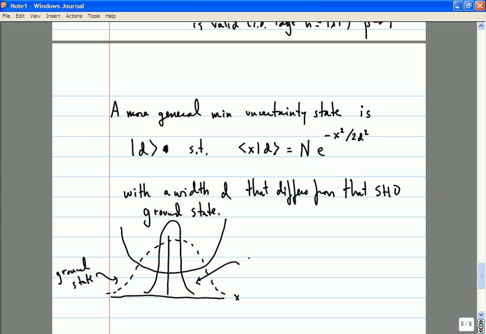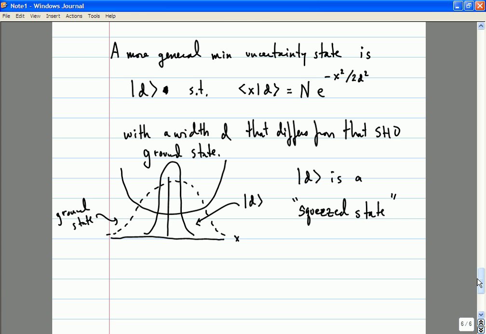And because of this picture here, you should think intuitively that what we're doing is we're taking the wave function and squeezing it, which is the origin of the name for this sort of state, namely that it's a squeezed state. How do we understand the description of these squeezed states in terms of our simple harmonic oscillator Fock space basis? Well, D is a Gaussian.